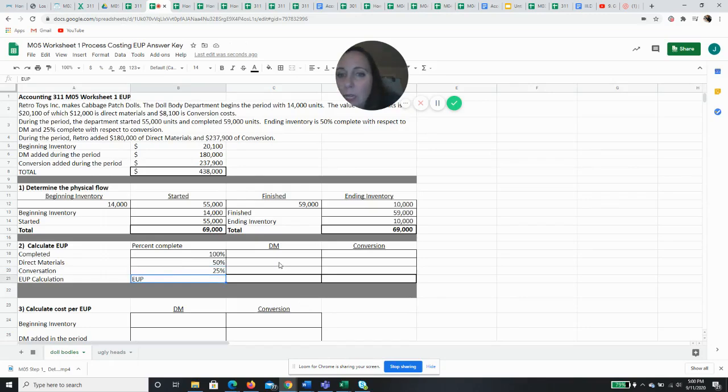Now we look at our ending inventory to calculate our EUP, actually our completed and our ending inventory. So we're going to be looking right here, finished and ending inventory. So our finished products, we finished 59,000. So we're going to just multiply these by the percent complete.